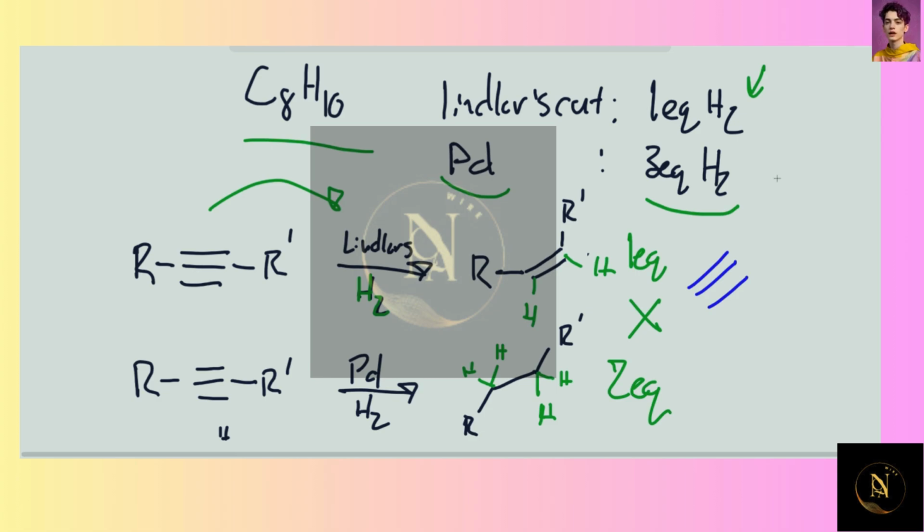Then apparently there's something else that used up the remaining 1 equivalent of H2. Well, it would make sense that it's an alkene, because that would only add 1 equivalent of H2. And if it was an alkene, it makes sense why when we reacted with Lindlar's catalyst, nothing happened, and we only converted our alkyne into an alkene.